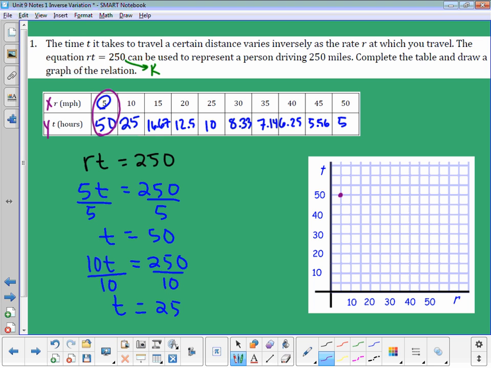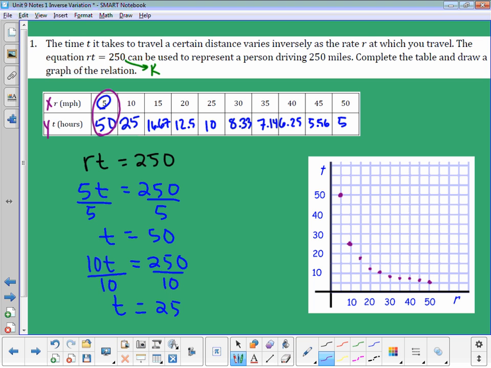At 10, I'm at 25. 15, 16 and 2/3, about there. 20 is 12 and a half, right about there. 25 is 10. 30 is about 8 1/3. 35, 7.14, 40, 6.25, 45, 5.56, and 50 is 5.